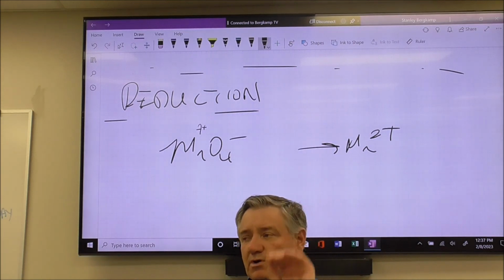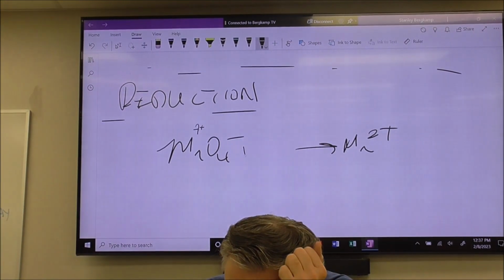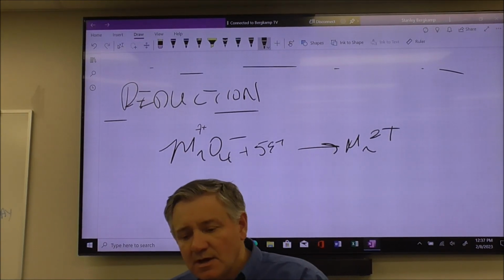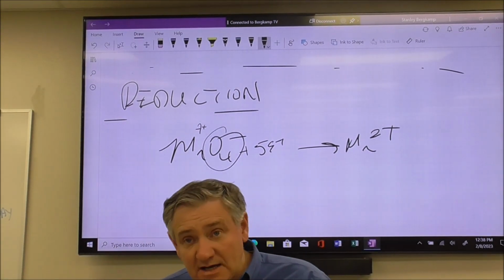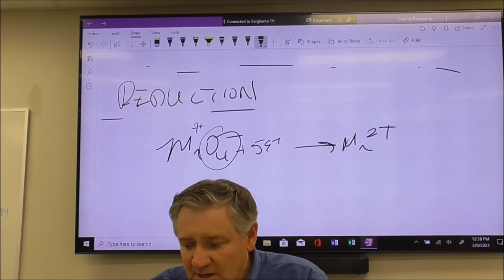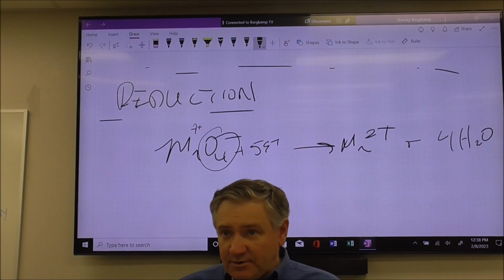So the only way that can happen is if it gains 5 electrons. So over here, I'm going to put 5 electrons. Now, I've got 4 oxygens. I also have to balance the oxygens. I balance the oxygens by adding waters. So I'm going to put 4 waters over here.